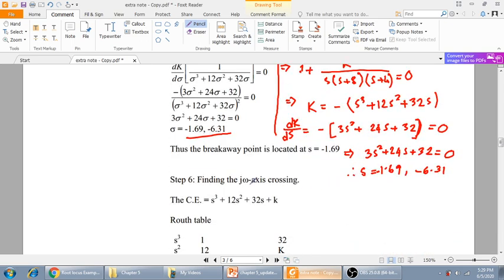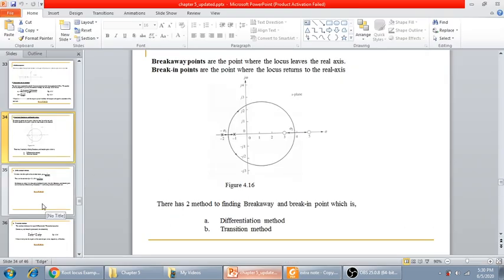Then we go to step number 6 here. We need to find the j omega crossing.